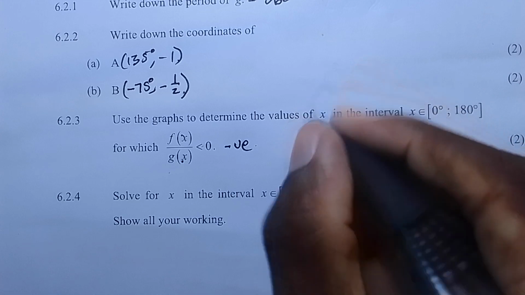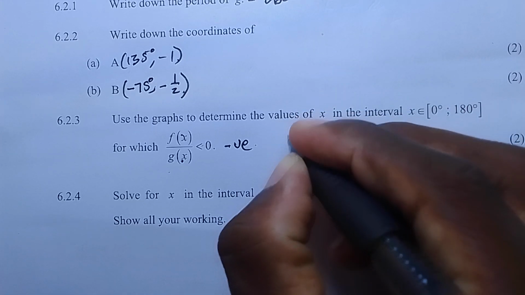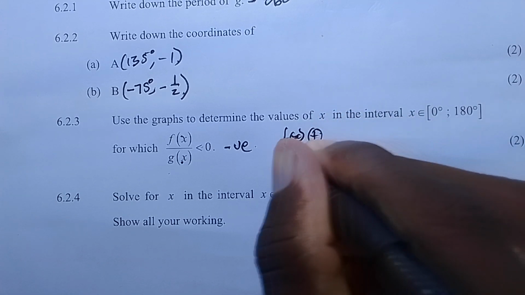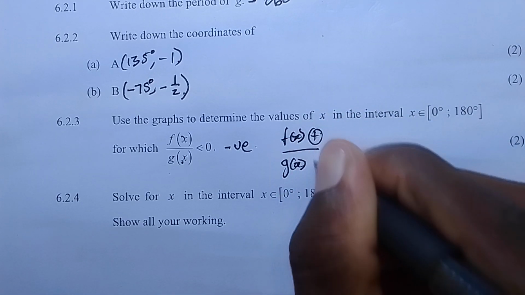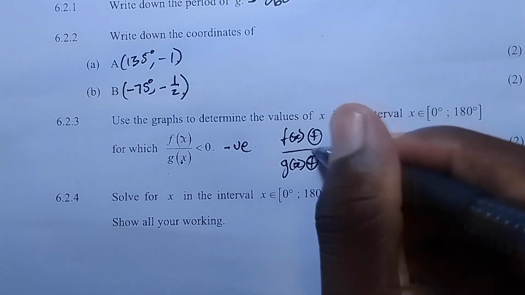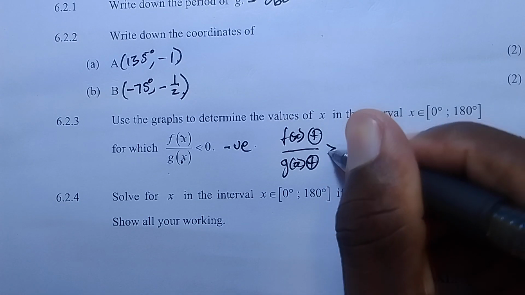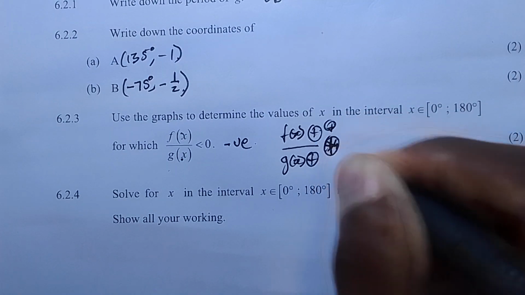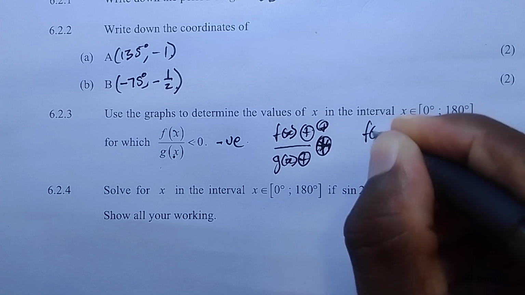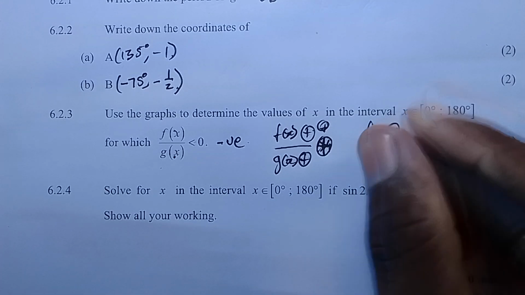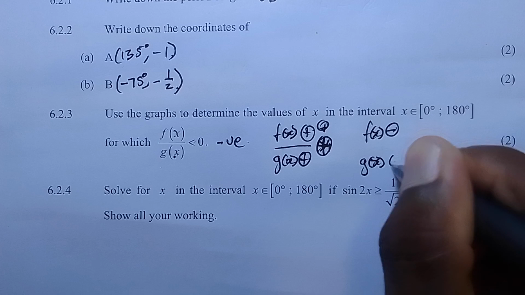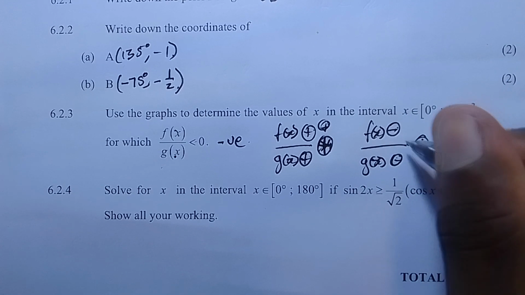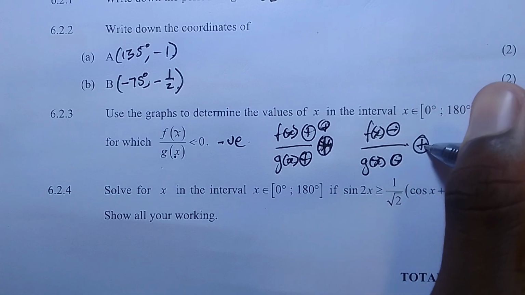If we have f of x as positive and g of x as positive, this answer will give us something that is positive, right? Do you agree? This will be positive. If we have f of x as negative and g of x also negative, this answer will also give us something positive, because a negative divided by a negative gives a positive.